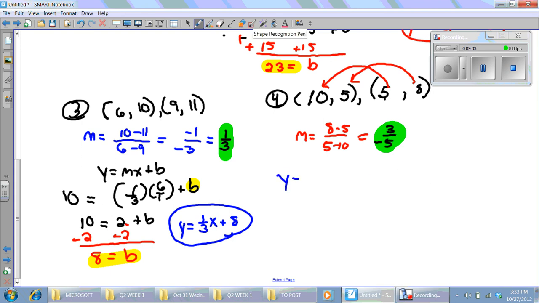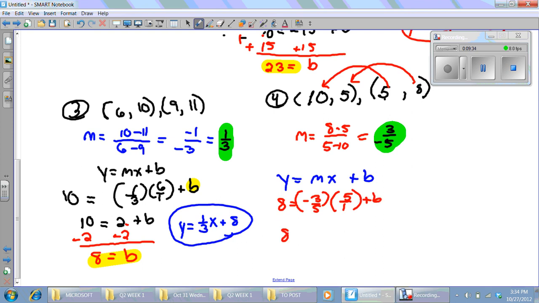Now I'm going to use the equation y equals mx plus b. I'm going to substitute in for y, m, and x. And this one looks like I'm going to put 8 in for y, negative 3/5 in for my slope, and I will put a 5 over 1 plus b.